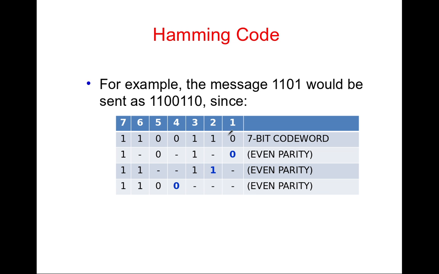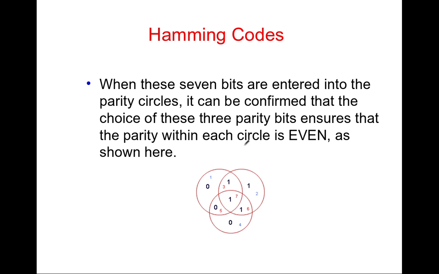Then we calculated the parity bits, and we have a 7-bit code for now. As you have already seen, if you put the values here in the circles, you can confirm which bits are changing, which parity bits.